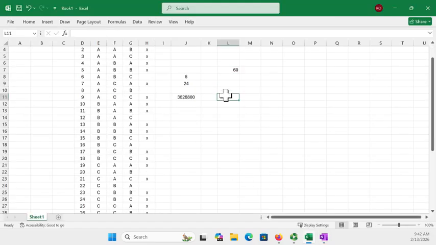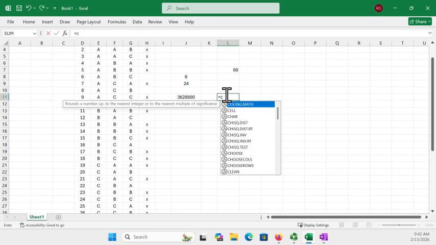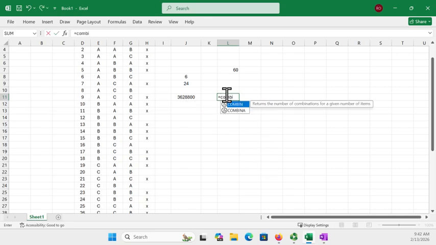Equals COMBIN. COMBIN is combinations in Excel. And then it tells you what it wants: the number and the number chosen. Here it's going to be 10 things, 10, comma, 5, and there is, did I get it right?